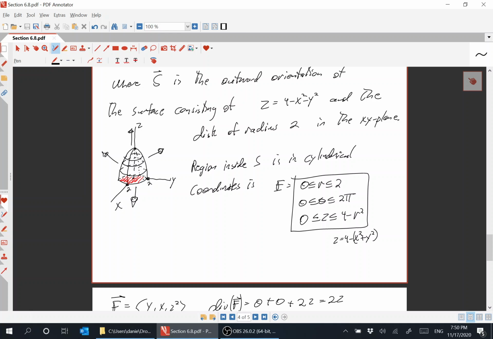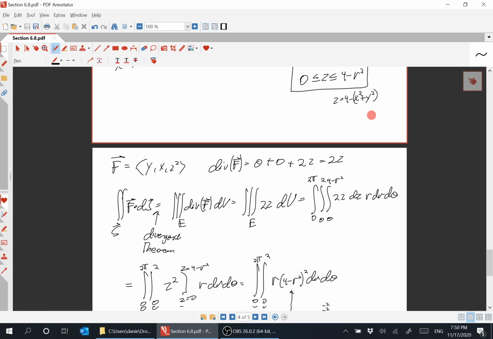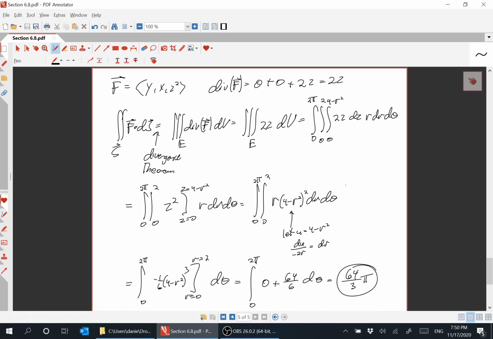I did this in my notes, but I'll just leave it out. Basically, over the paraboloid the vector flux is this, and over the disk it's 0.